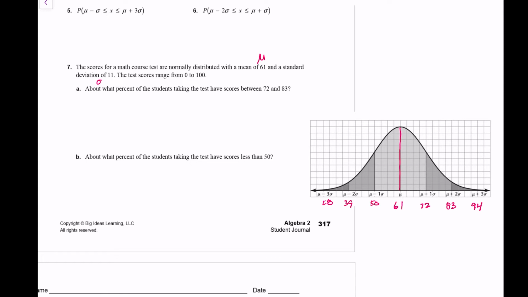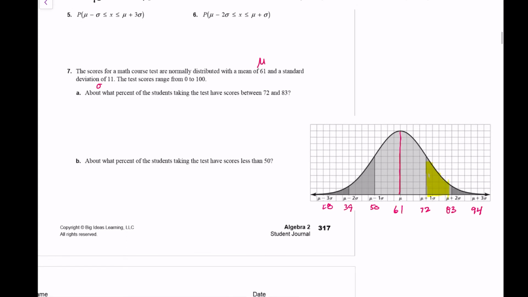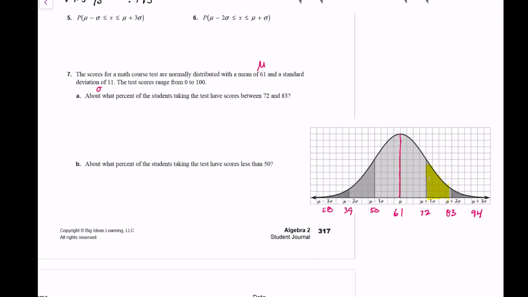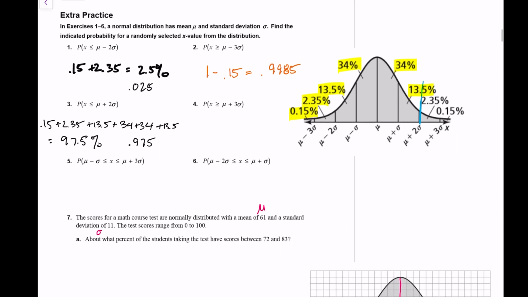Well, let's take a look right here. Between 72 and 83, I'm going to highlight that with yellow, is that spot right there. Now, we have to think, how much is that? Remember, one of the tables that we had earlier showed us the percentage of each section. If you look, 1 standard deviation is 34%. 2 standard deviations is 13.5.